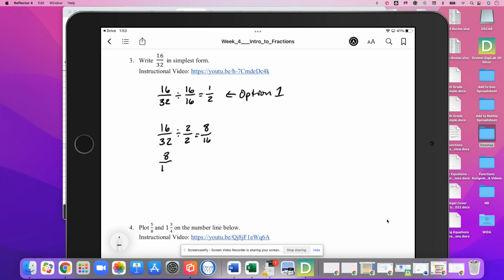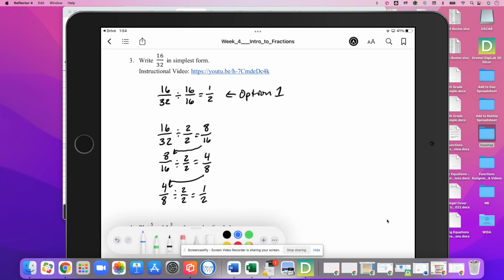So 8 over 16, I could divide that by 2 again, and that would give me 4 over 8. And I could divide that down again because they're both even. If I divide them down again by 2, I get 1/2. So we'll call this version option 2.